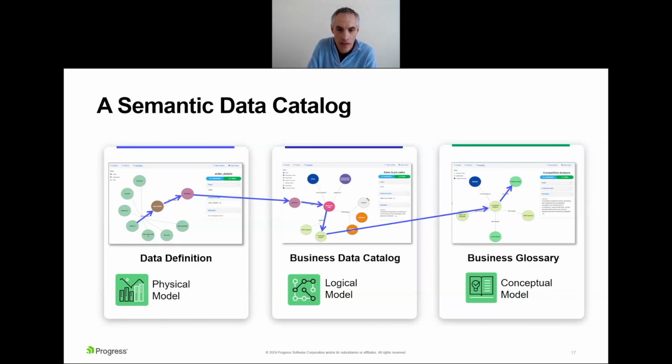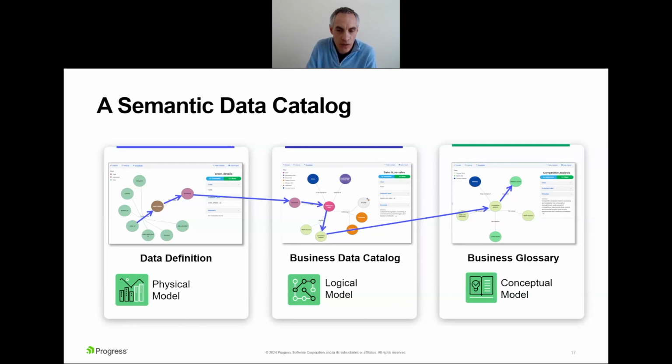That can then lead down into the more concretized logical model, which ultimately goes down to the data definition, the physical model of where that data is actually stored and the fields that you want to extract from those source systems. Now, all this is stored as a graph. It's stored as semantic triples.